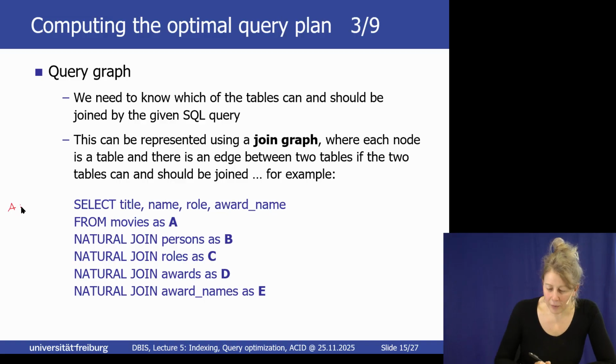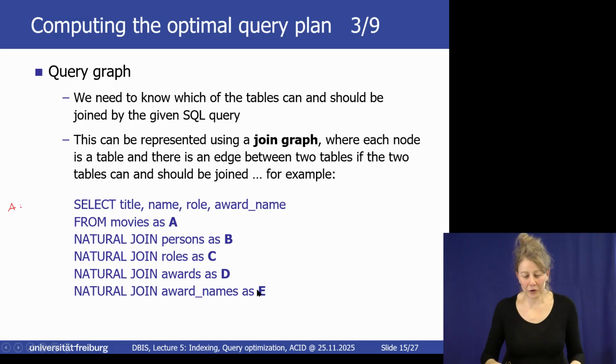So with which tables can A be joined? Can you figure it out? You should know these tables by heart now. What's your guess? Let's just write the adjacency list. So for each table I want to know with which other table it can be joined. Yeah? B, C, D, and E. With B, C, D, and E?